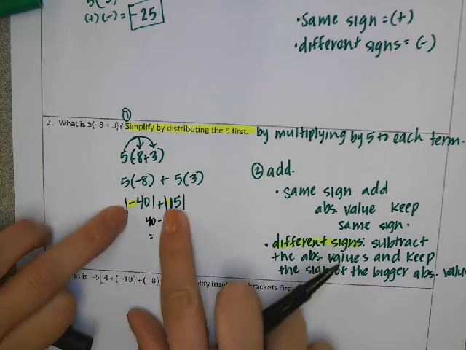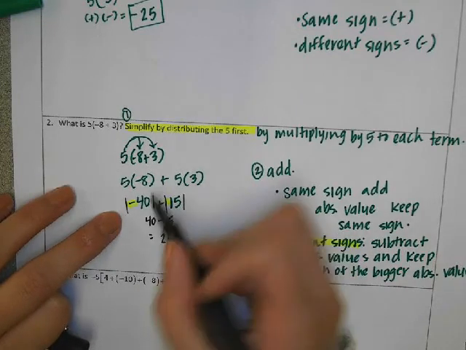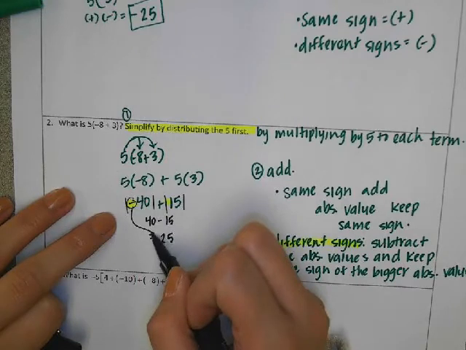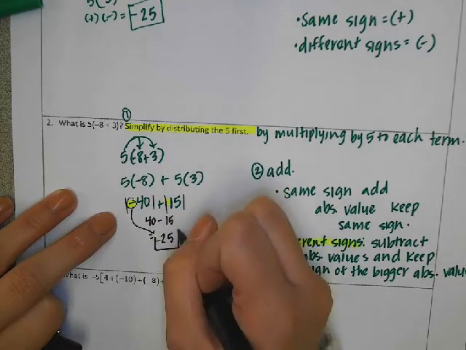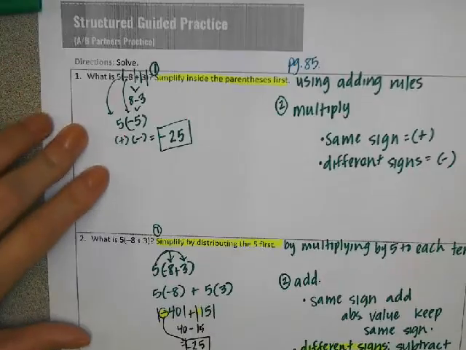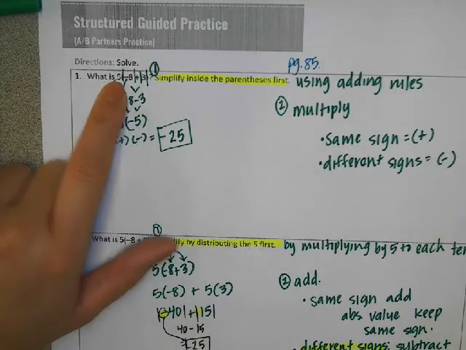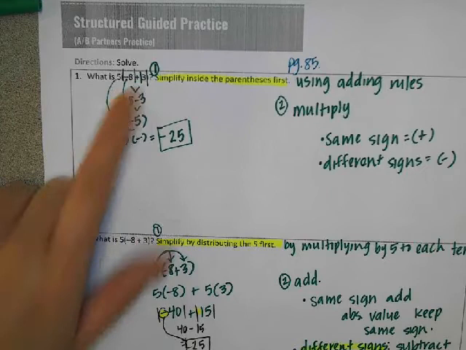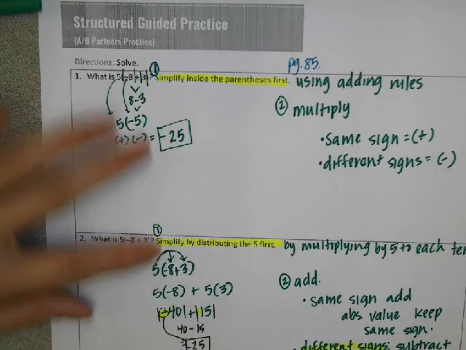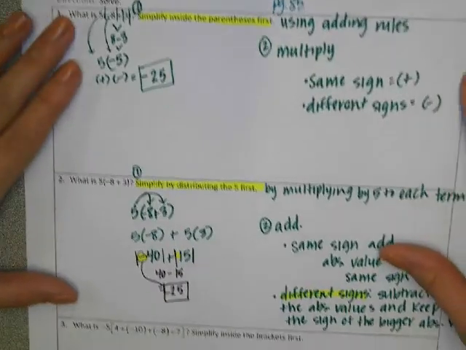And I'm going to keep the sign of the bigger absolute value. I know that 40 is bigger than 15, so I'm going to keep this negative sign for a negative 25. So if we look at the same problem, it's still 5 times negative 8 plus 3. We get the same answer, but we solved it 2 different ways.